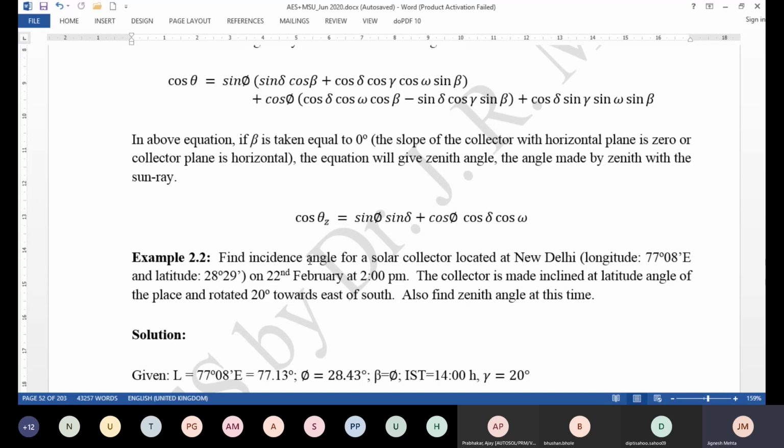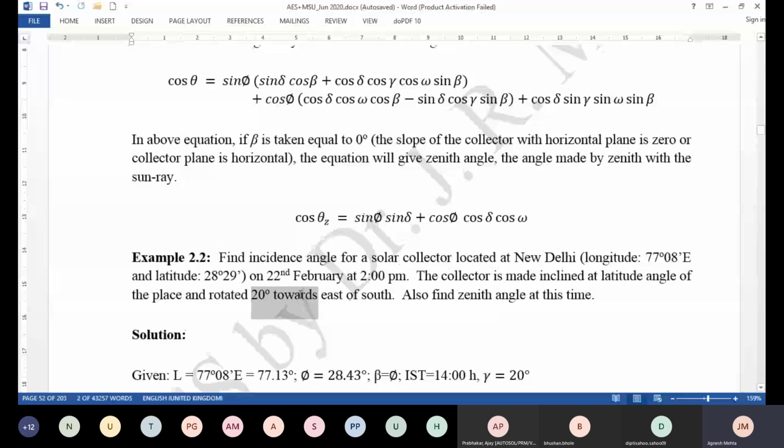The incidence angle is to be found for a solar collector at New Delhi, whose longitude and latitude are given, and the day is 22nd of February and the time is 2 p.m. You want to find out the incidence angle, and this collector is inclined at the latitude angle, so beta is the same as phi, the latitude angle.